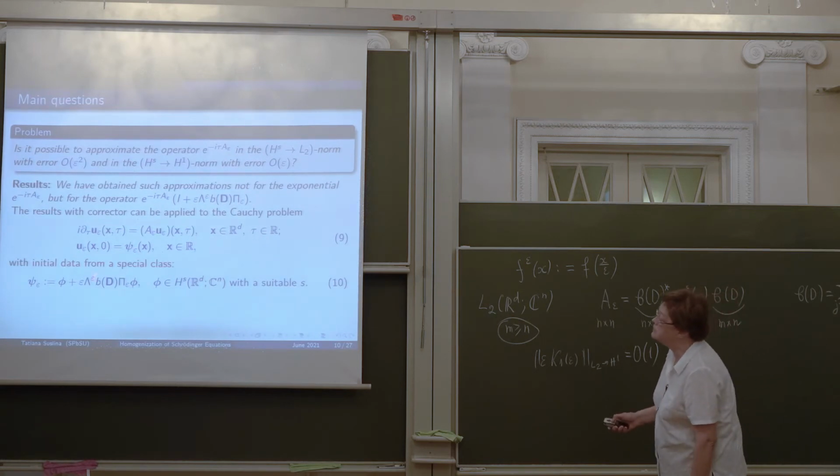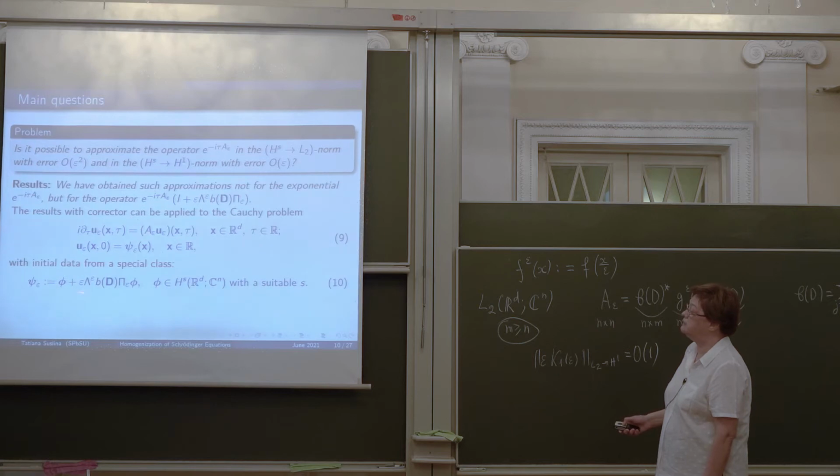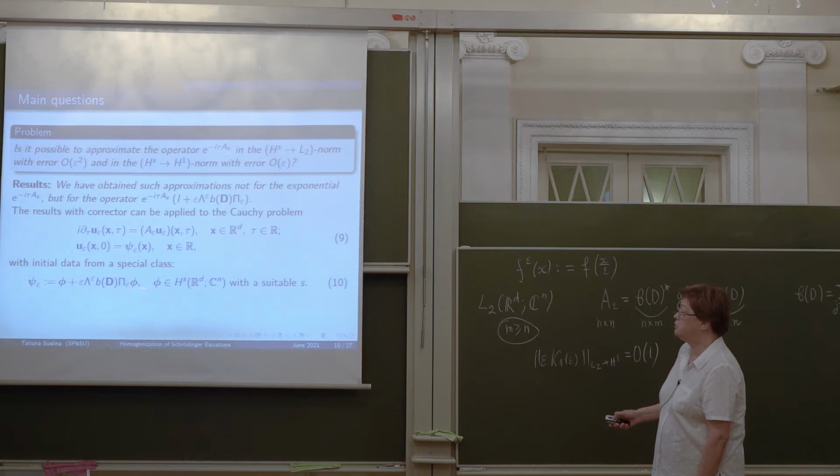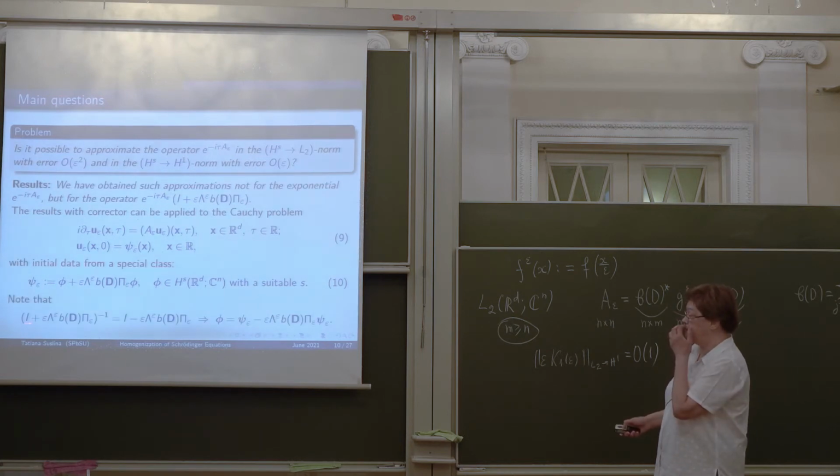We assume that psi epsilon is the sum of two terms, some function phi which belongs to H^s with a suitable s, and this term, epsilon lambda epsilon b of d pi epsilon phi. Note that this operator is invertible.